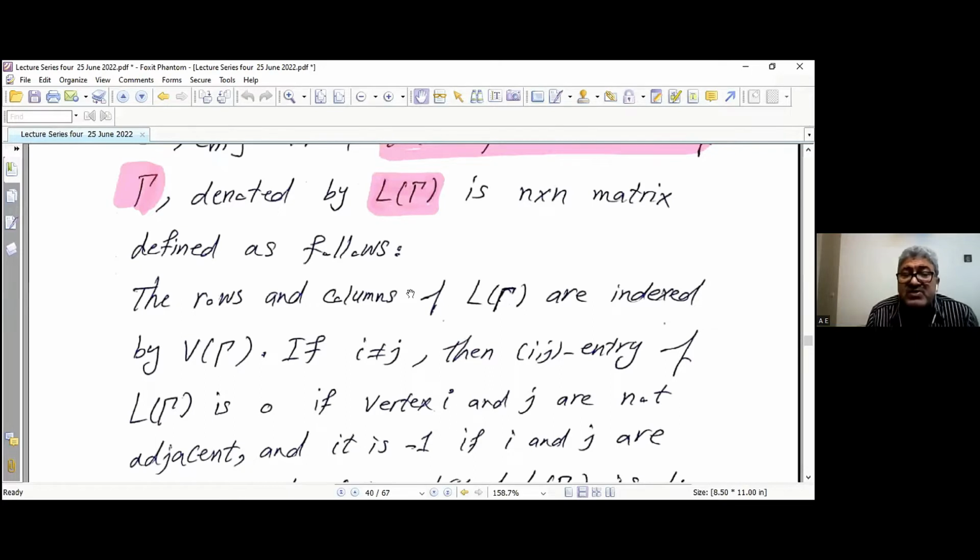First of all, the rows and columns of the Laplacian matrix are indexed by the vertices.